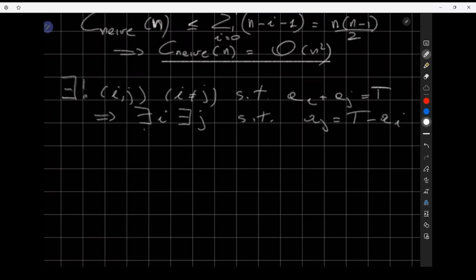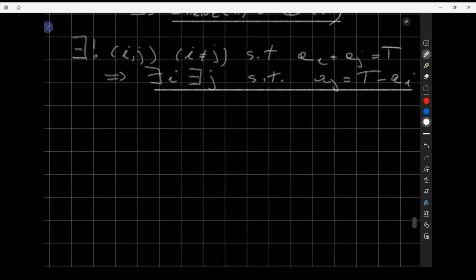The way to look at this implication of the condition is the following. Suppose we have the input array, and we are iterating, currently at index i, where we have value ai.